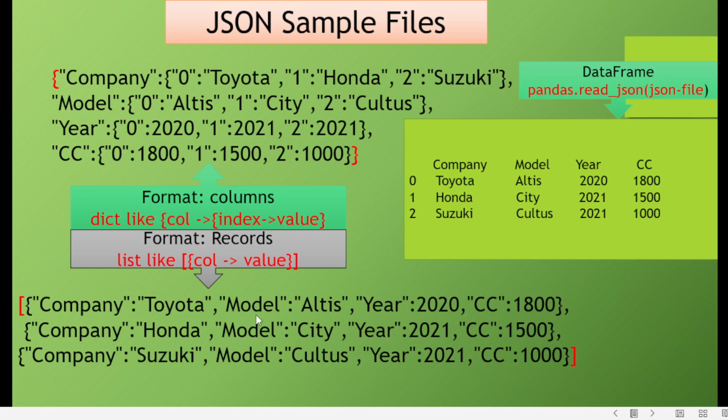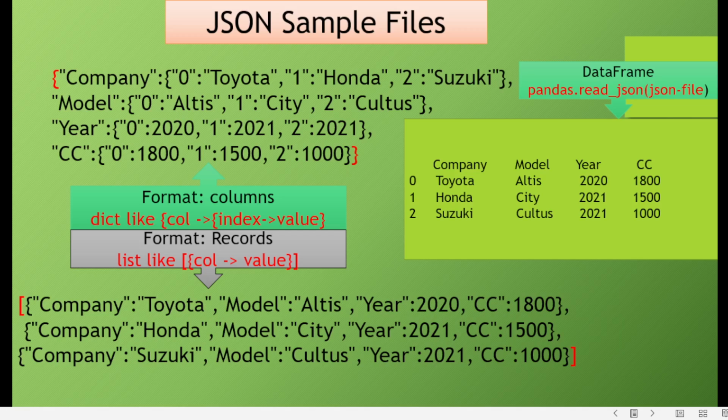The format below is of records, and this type's string type is records. So before reading we will mention orient equal to records. Records is like a list, in which a column is followed by its value.